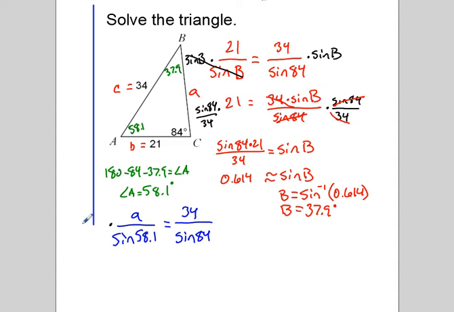I'm going to multiply by the sine of 58.1 because that is what is being divided by, and I also do it to the other side. 34 times the sine of 58.1 divided by the sine of 84. Comes out to 29.02. Now I have actually found all the missing pieces of this triangle.